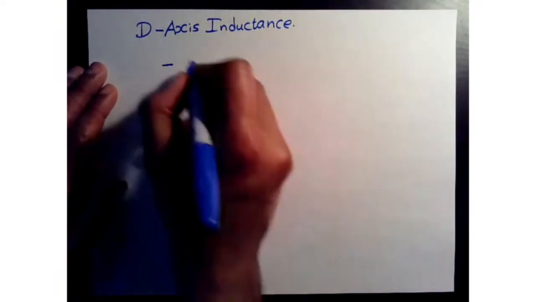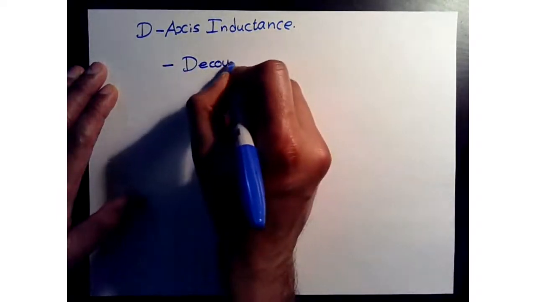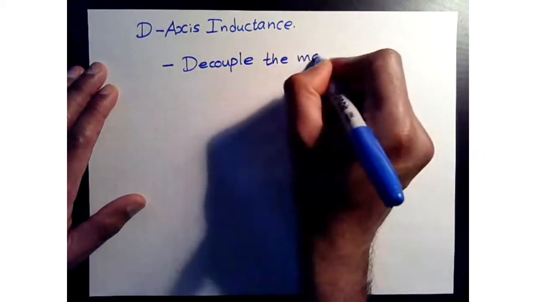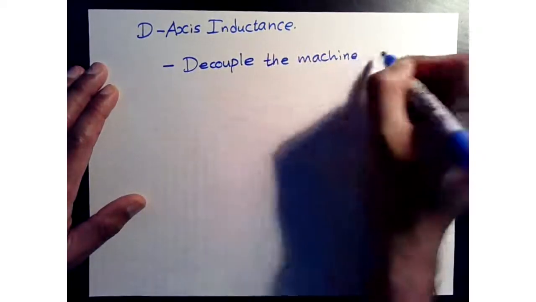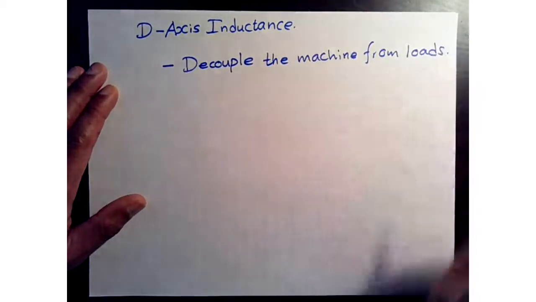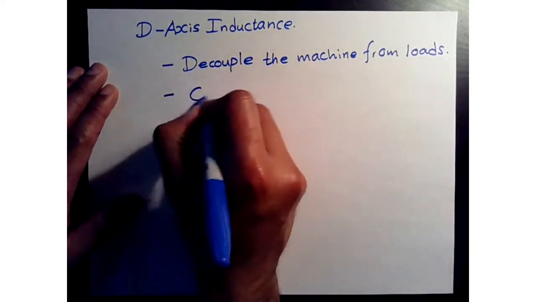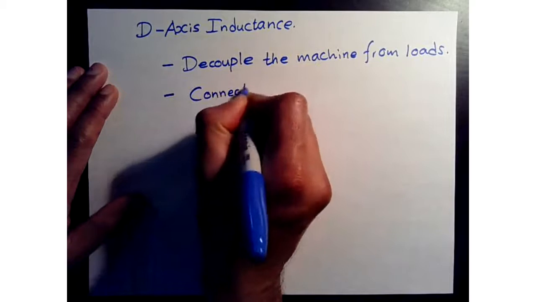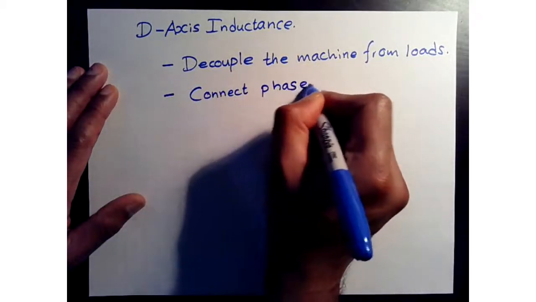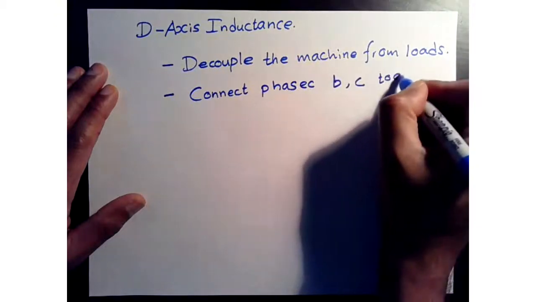Okay, all right. D-axis inductance. First of all, you're going to decouple the machine from loads, if there are any loads. Okay, and then we're going to connect phases B and C together.